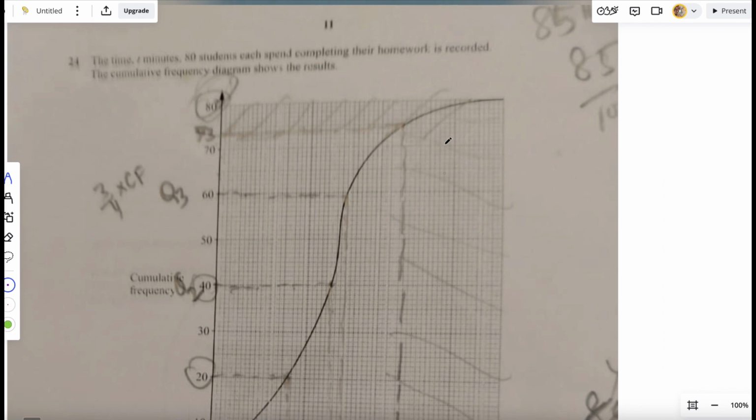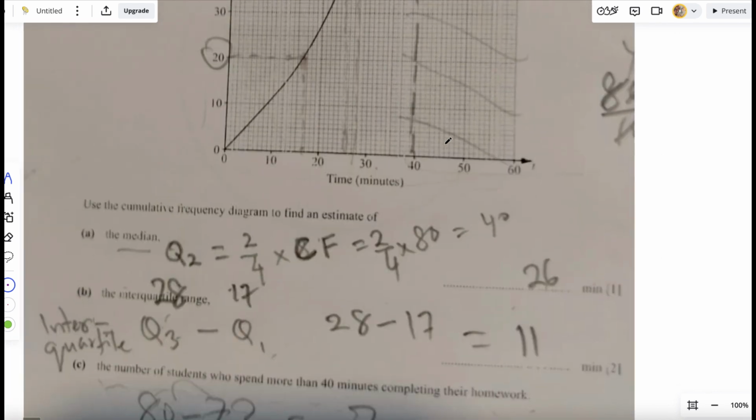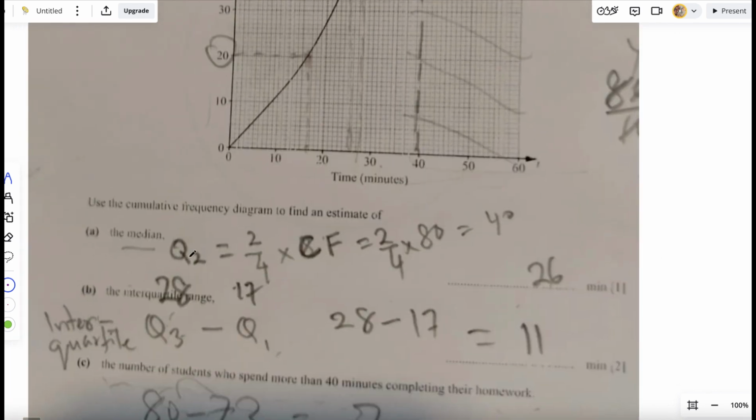So if they ask you to calculate the median, it is Q2, upper quartile is Q3, lower quartile is Q1. So the median is equal to 2/4 times the cumulative frequency, which means 2/4 times 80, that gives us 40. Now this 40 is not our answer.